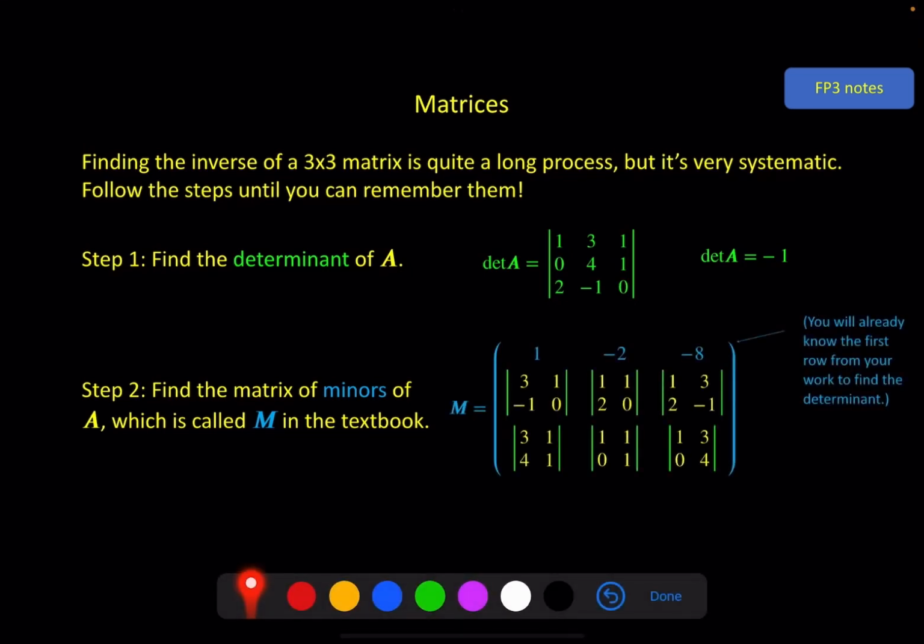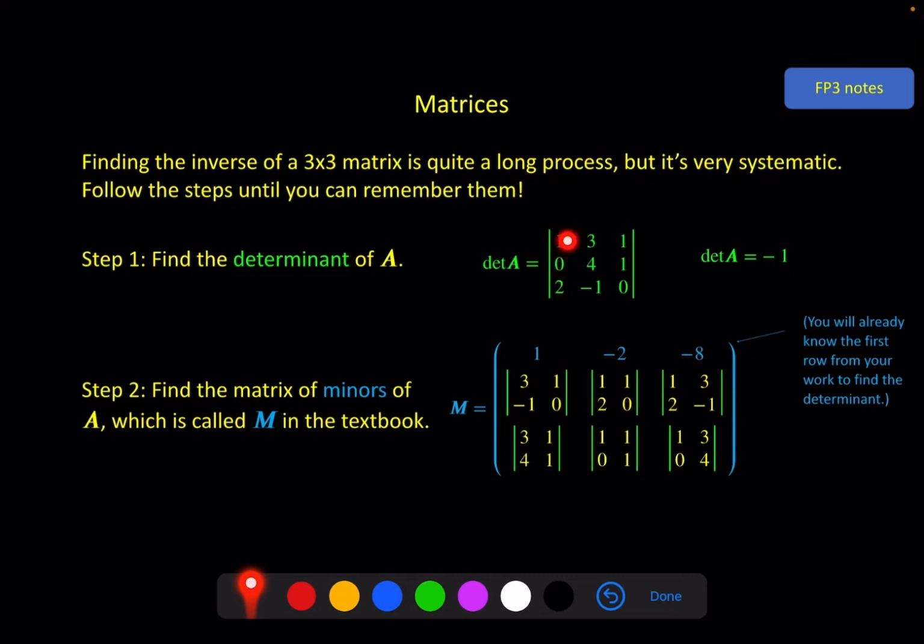And we already know the first 3 because of the work we did finding the determinants. You might not remember them, but they were there on the first page. We had a 1, that was the determinant of the matrix left when we crossed out this row and column here. So 0, minus, minus 1. And these 2 were the minors for these 2 elements here. But you have to keep going. So for this element 0, that's going to go here.